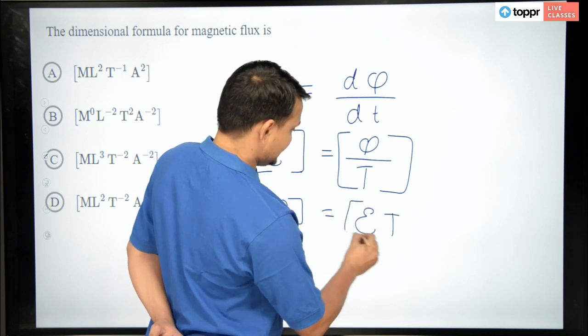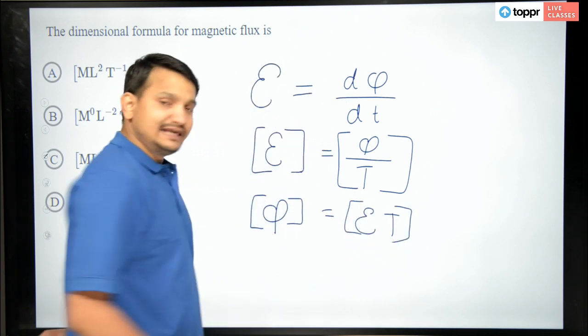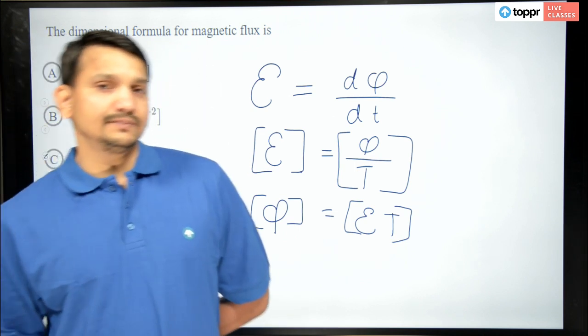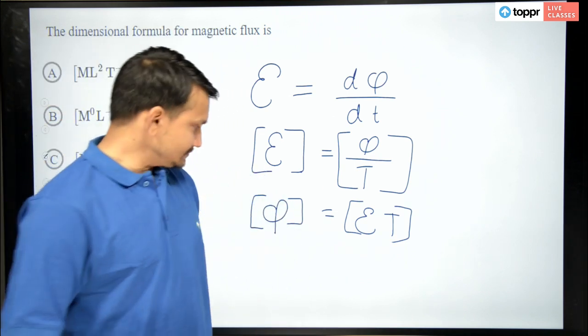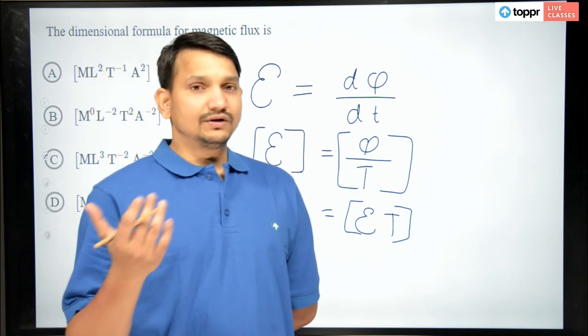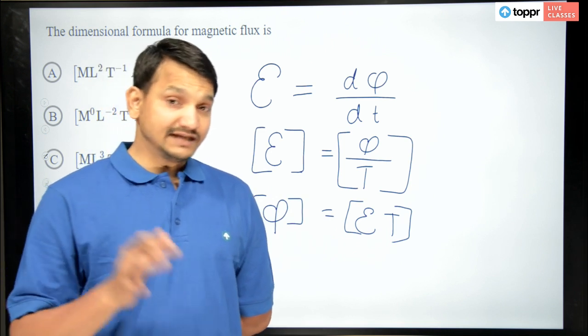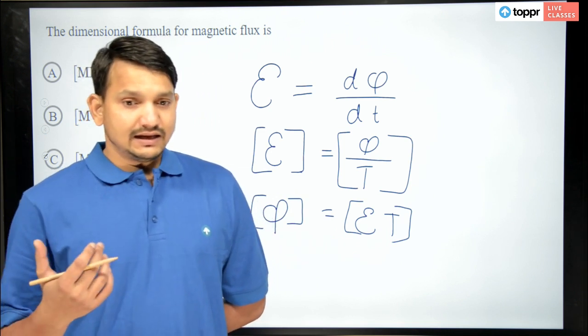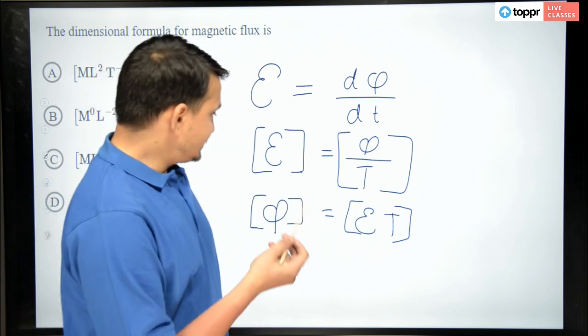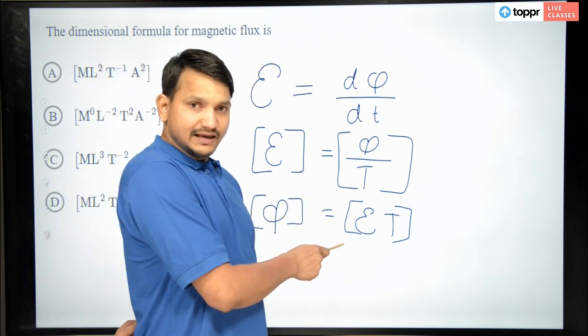Now again, EMF is not a fundamental quantity. Can we relate it to fundamental quantities somehow? Well, one thing we know is that the work done by a charge is related to EMF.